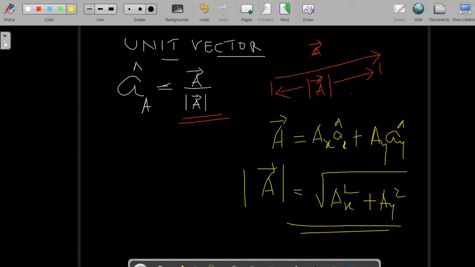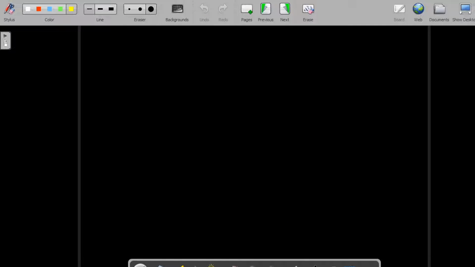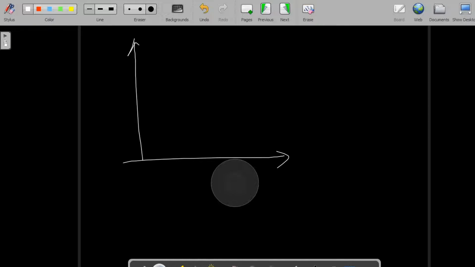So let me plot this particular A vector on a 2 dimension xy axis. If I draw an xy axis, this is my x axis, this is my y axis.